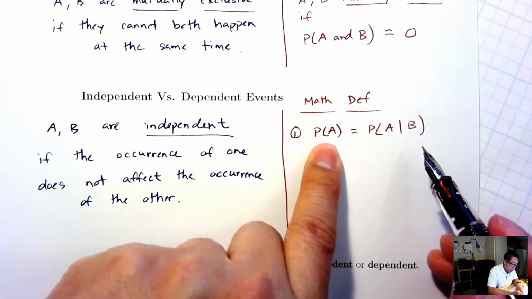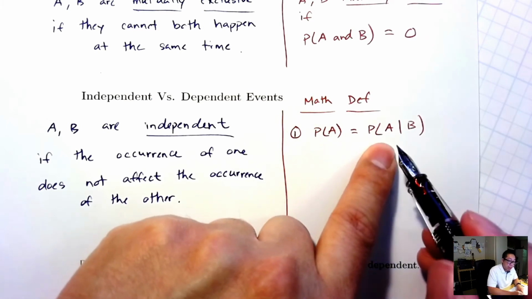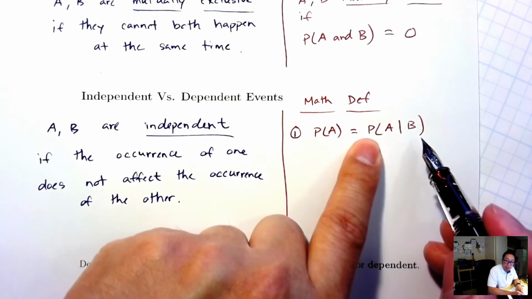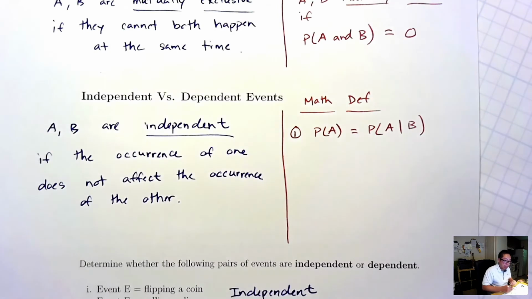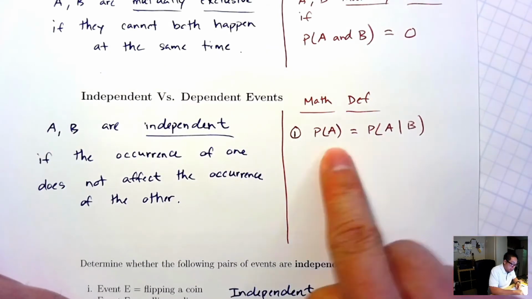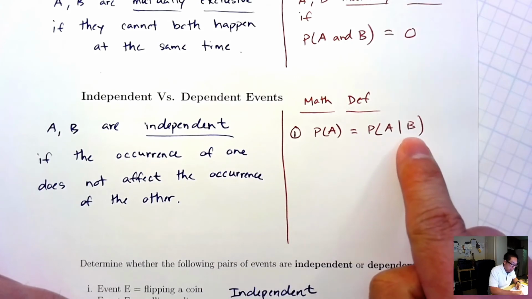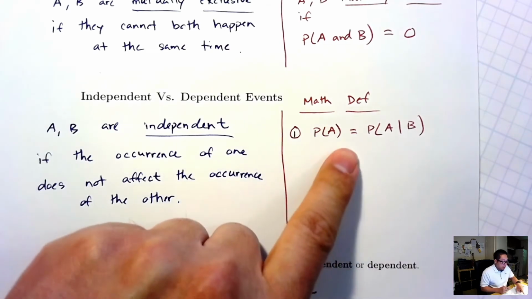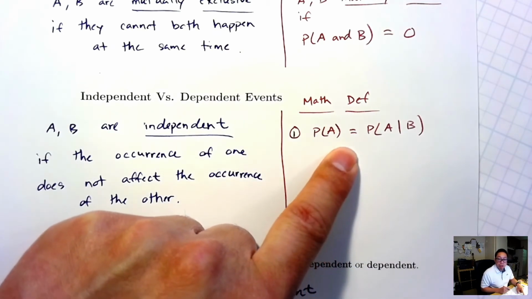Right? Probability of A regular versus probability of A with extra knowledge that B happened already. You get the same answer. Okay, so that's mathematically what it means for independence. Adding that extra given B doesn't change the answer, right? Adding that extra given B gets you the same answer as regular probability of A. Okay, so that's one definition that you can use.